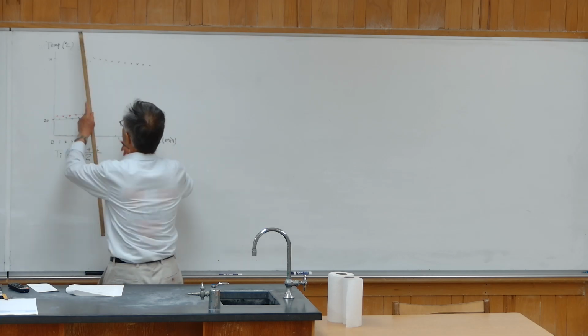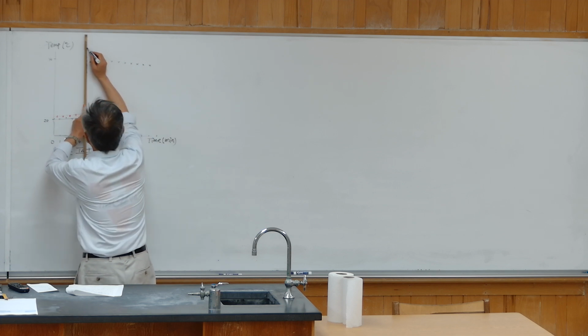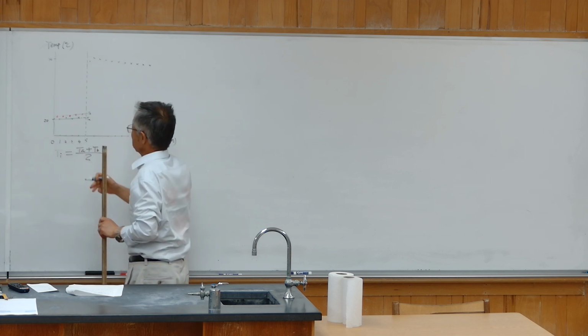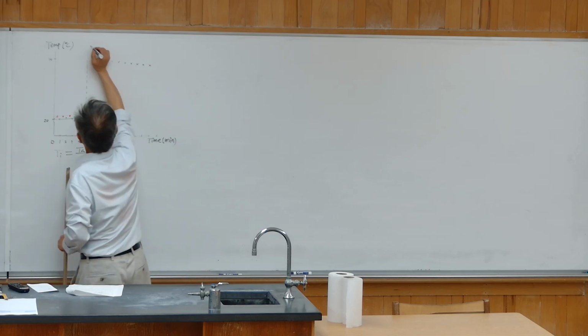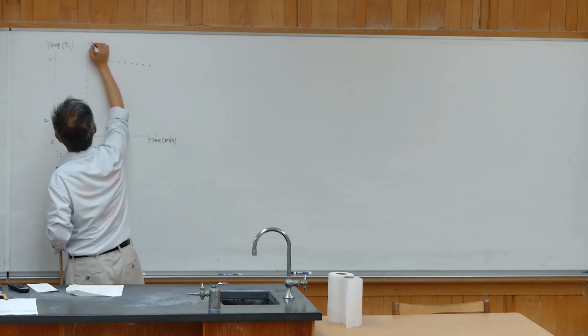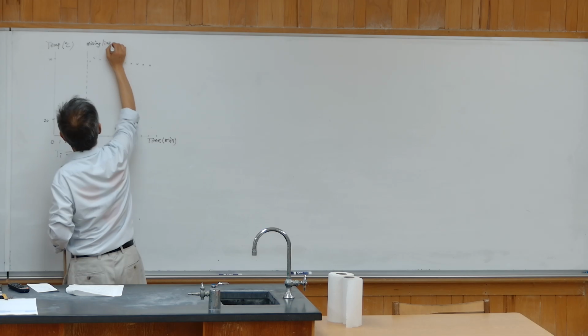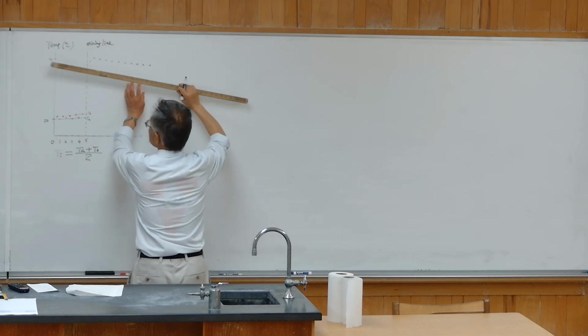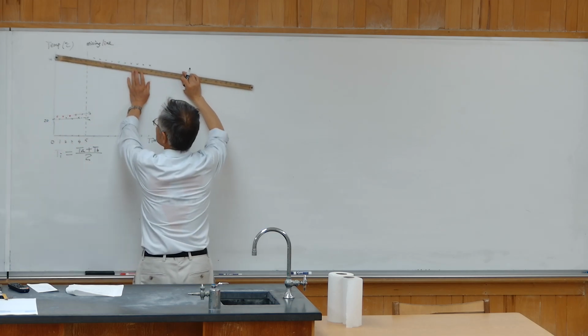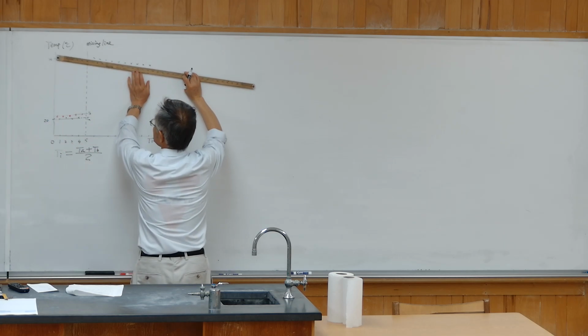Then what we do is let's extend this mixing line. So this we call mixing line. Then draw mixing temperature at time point, make the base straight line.